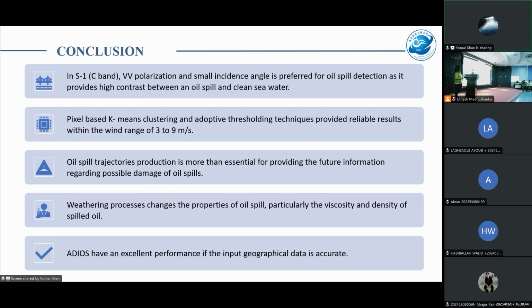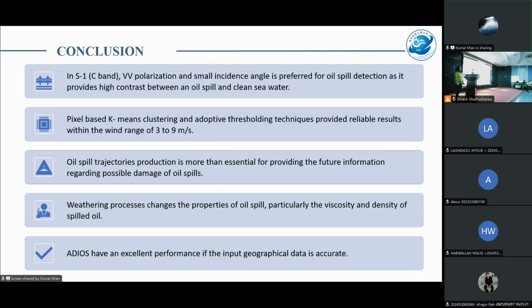Then, oil trajectories and prediction, why do we need that? To check where oil will move in the next few days and what kind of damage it can cause. And a weathering process is necessary to check how much oil was remaining on the ocean surface after a few days, so that cleanup operations can be initiated accordingly. The ODIUS model also has very good performance, but only if you give it accurate parameters.